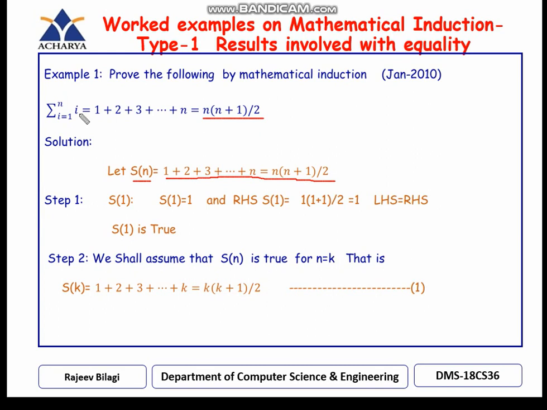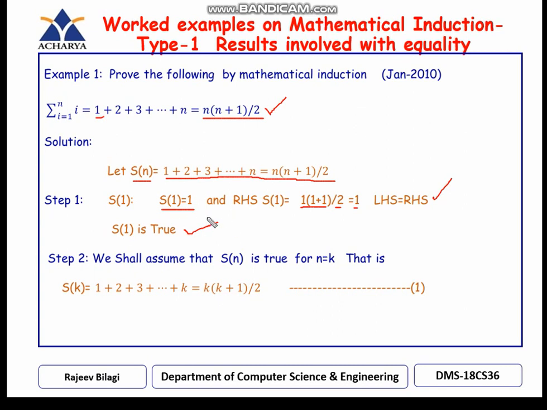When i is equal to 1, there is only one element, that is 1. So S of 1 is equal to 1, which is my LHS. Now RHS will be what? You take this n into bracket n plus 1 by 2, that is 1 into bracket 1 plus 1 whole divided by 2, that is 2 divided by 2, which is equal to 1. So I say that LHS equals RHS, hence S of 1 is true.